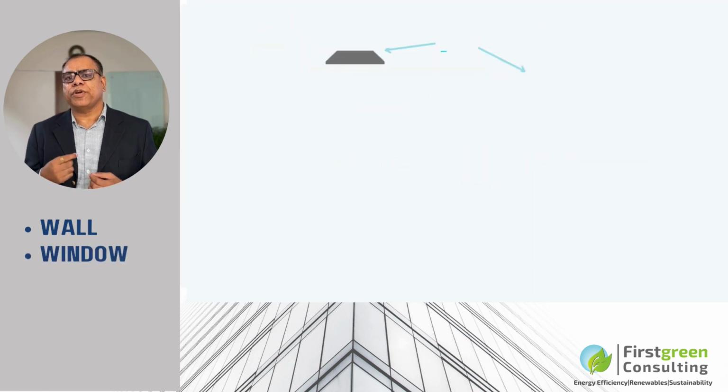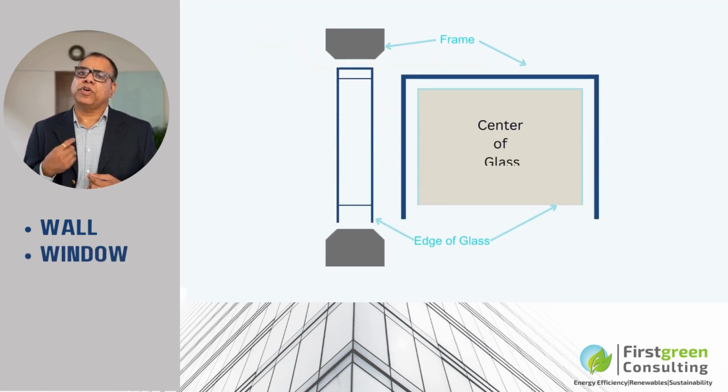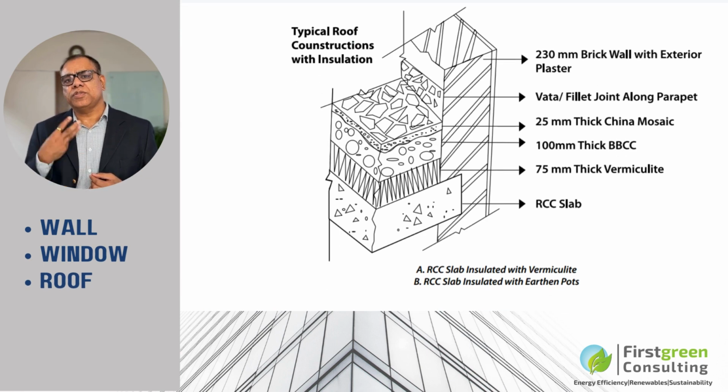Then you have to add property of windows, and you have to add property of roof. These three elements are the major elements comprising the overall building envelope. Once you have assigned properties of these three major elements, you have to assign the properties of some other parameters also, which include the MEP and other systems.